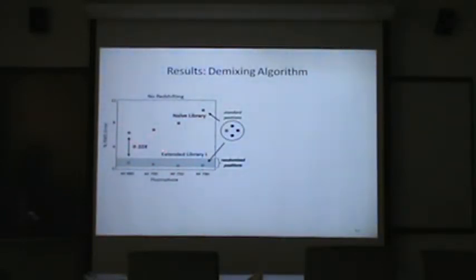By the way, the standard errors are not on here because they would be smaller than the symbol sizes. So these are significant differences. And we can see that there's a performance improvement in using extended library 1 of about 6 to 10x, depending on which particular fluorophore you're looking at.